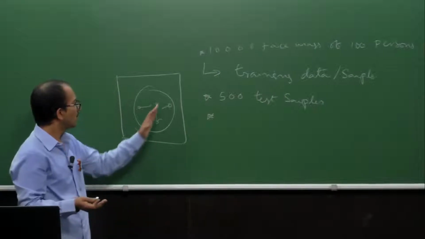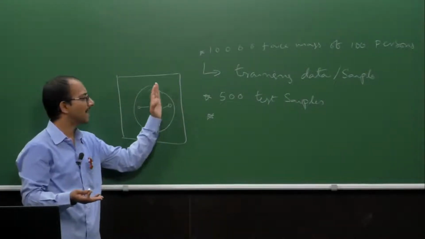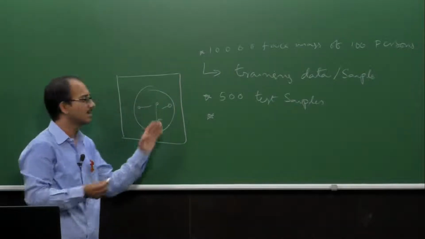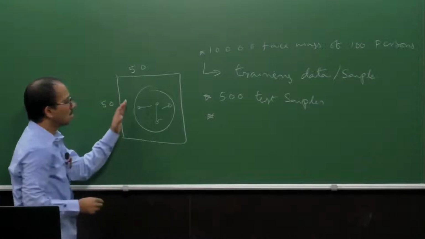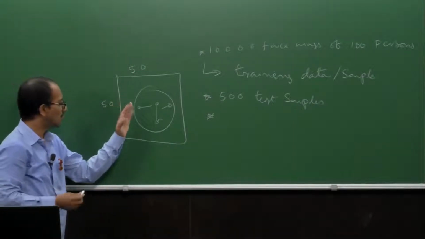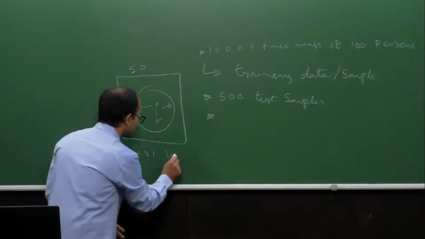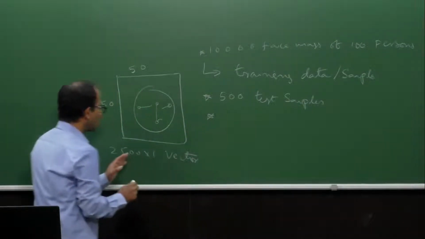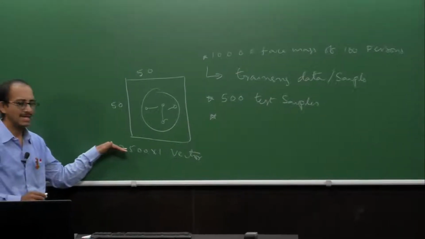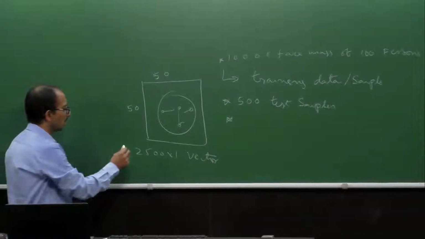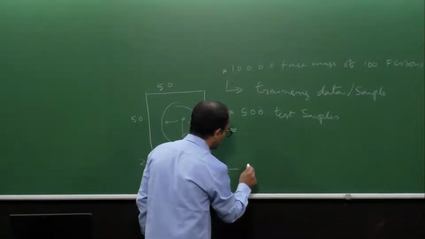Or if we want to make a representation for a face image, directly I can bring in some kind of HOG vector for the whole image. If this image is say 50 cross 50, then in pixel space it is a 2500 cross 1 vector, if I just directly take the image intensities as the features.